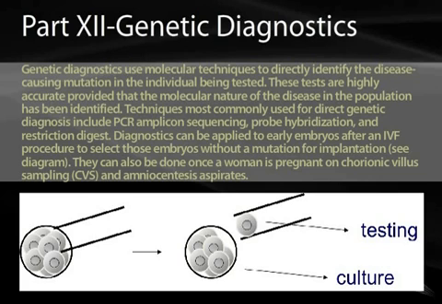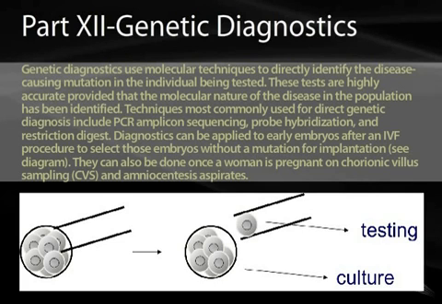Diagnostics can be applied to early embryos after an IVF procedure to select those embryos without a mutation for implantation. So again, in that diagram, when we're talking about somebody that may have a genetic disease that doesn't want to pass that on to their kids but want to have children, so they choose to have in vitro fertilization.